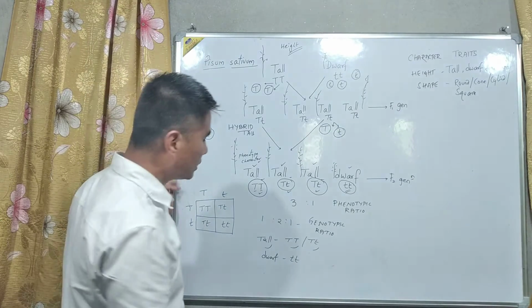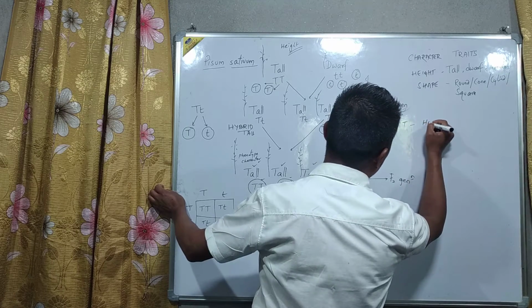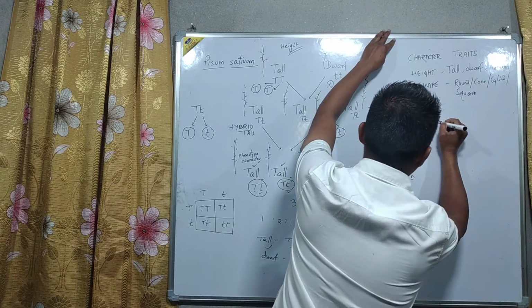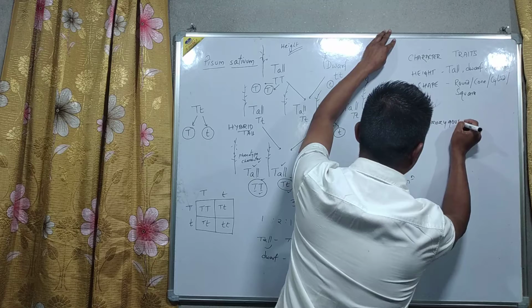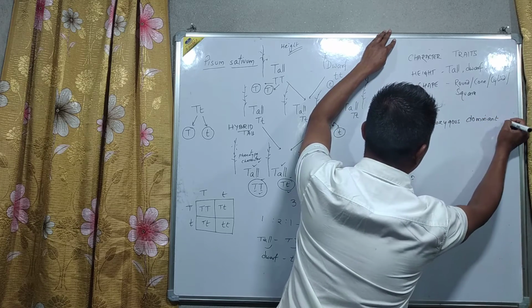Okay, now they have a name. So T and T is known as homozygous dominant pair.